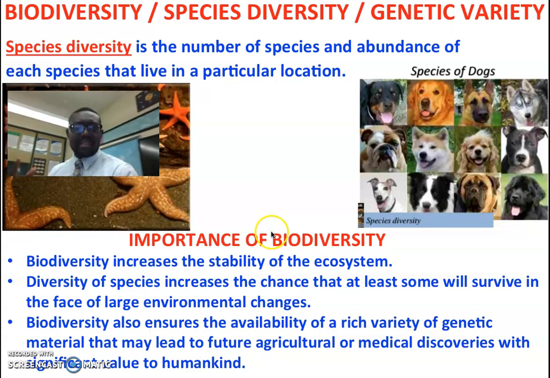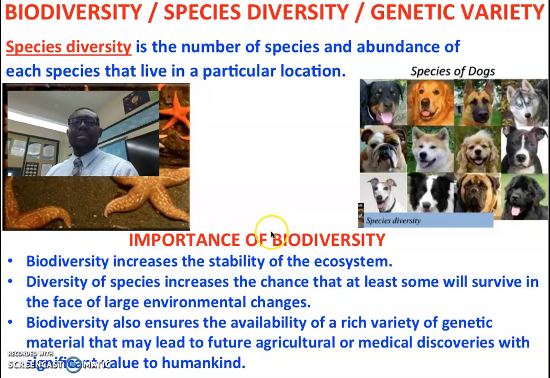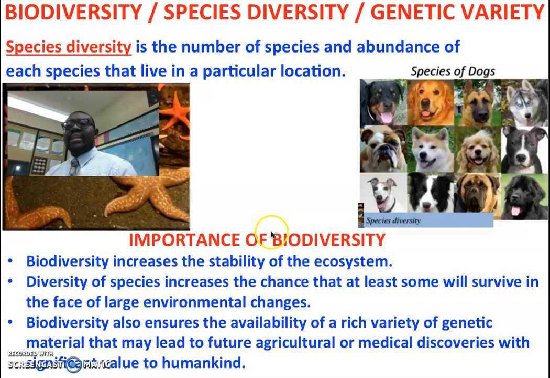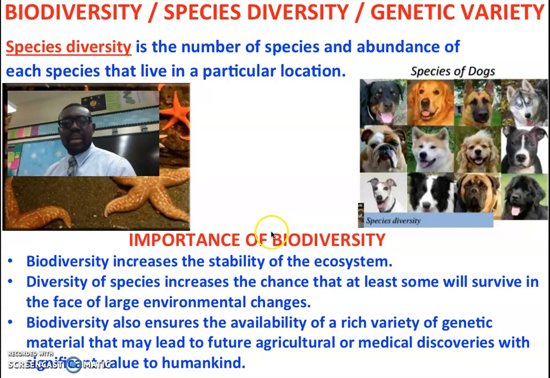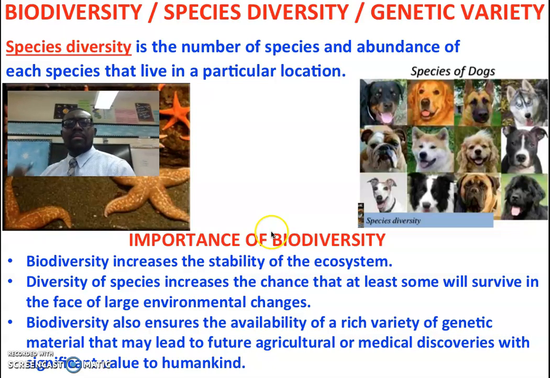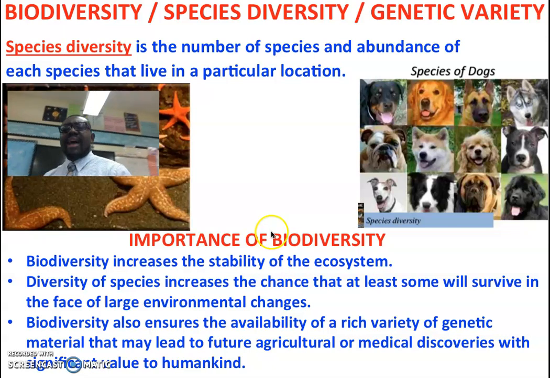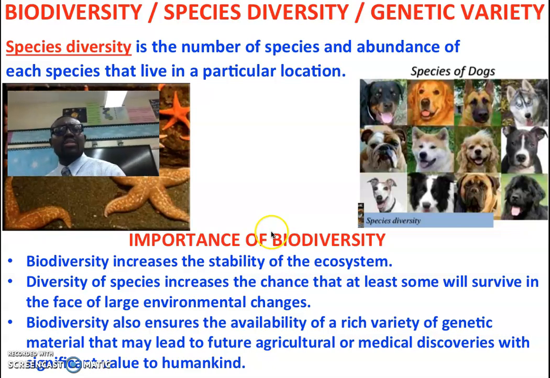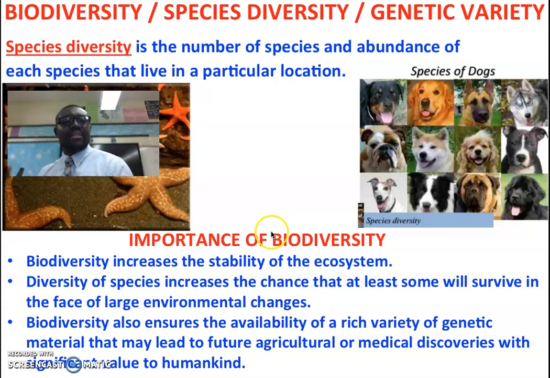That's the first point. The more variety of organisms you have in the ecosystem, the more stable the ecosystem is. Diversity of species also increases the chances that at least some of the organisms will survive when there is a large environmental change.